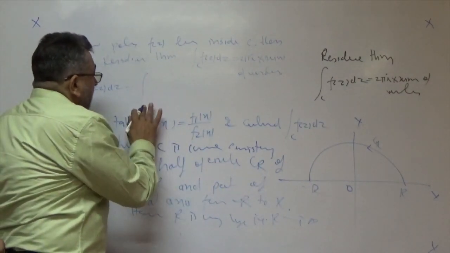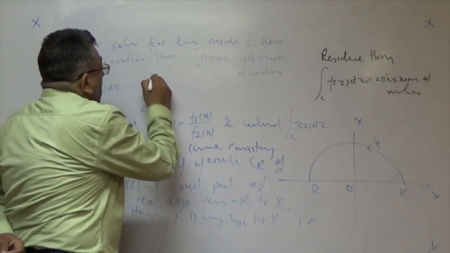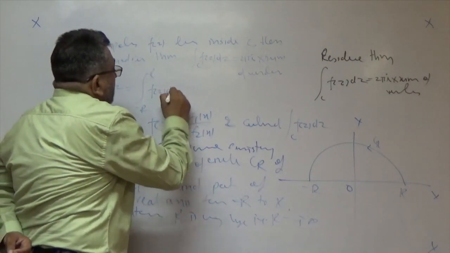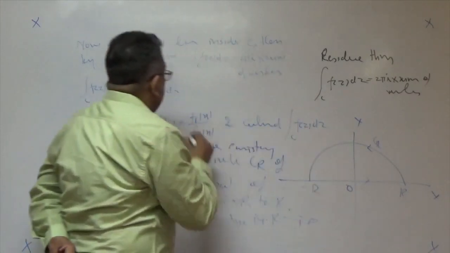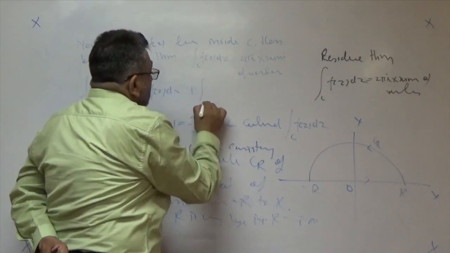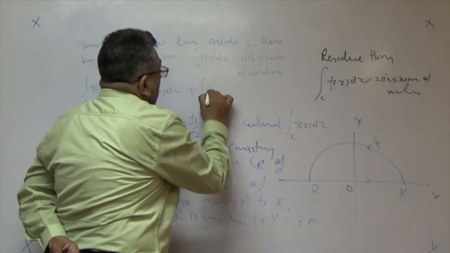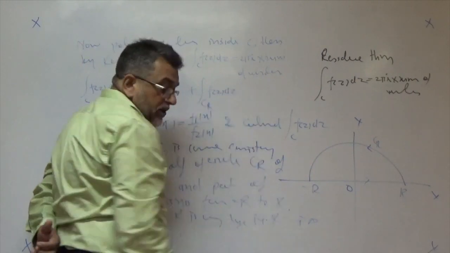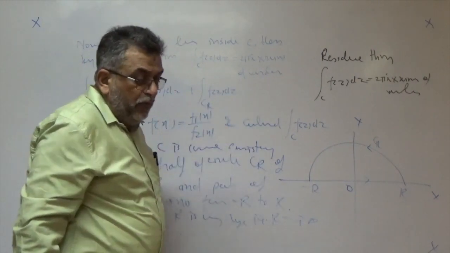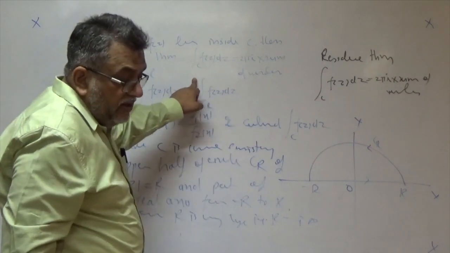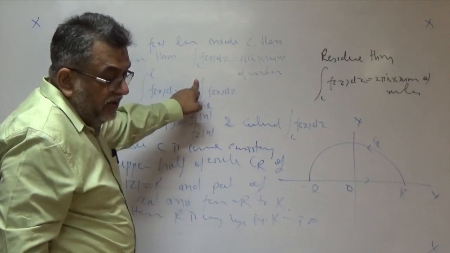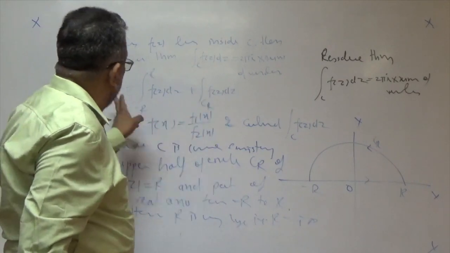One is the integral from minus R to R of f(z) dz, and plus the integral over CR of f(z) dz.